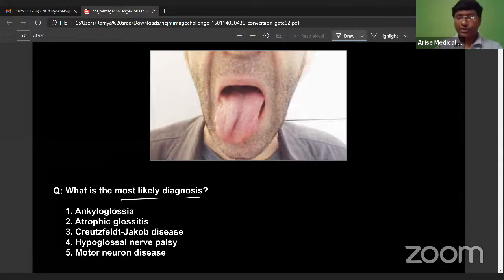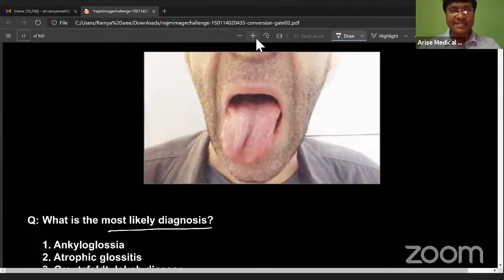Very good. So Vinod Selvaraju, you have answered it correctly. The answer is the hypoglossal nerve injury. Let me slightly enlarge the image now. You see this part of the tongue? This part of the tongue is completely wasted.